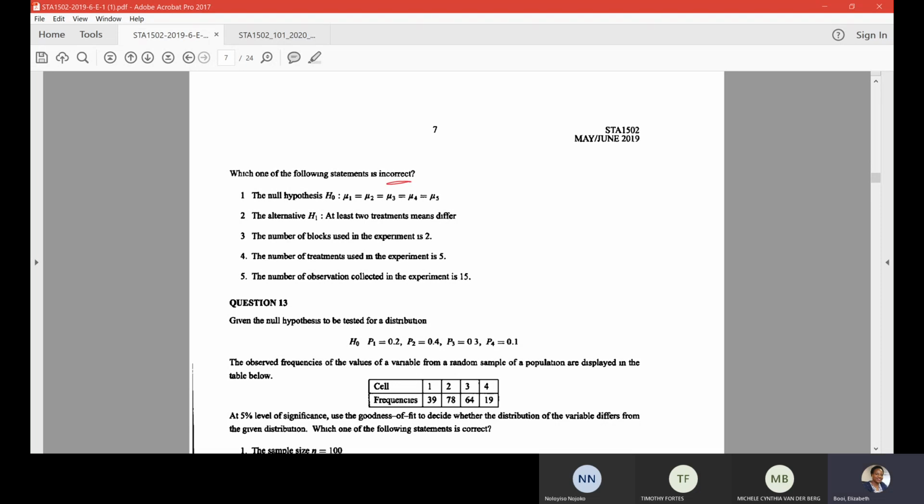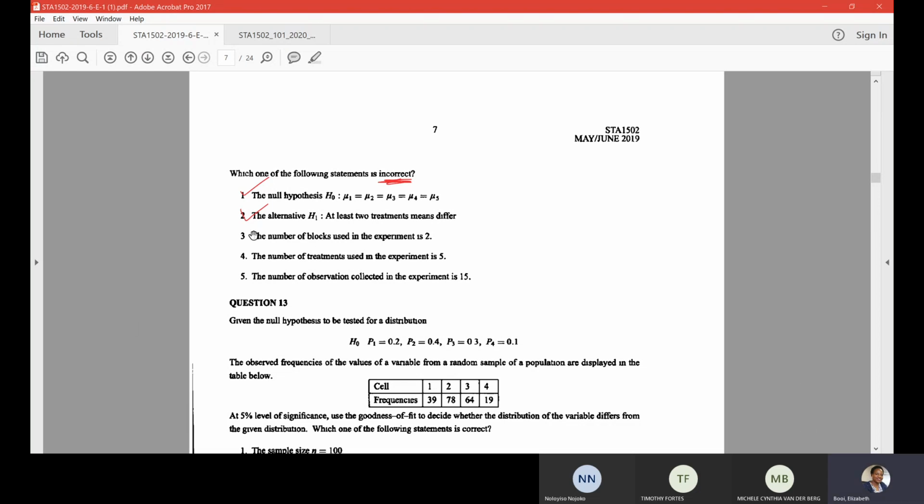We're looking for the incorrect one. So question number 1, it will be correct. And number 2, the statement will say at least some of the means are different, and therefore that will be correct.